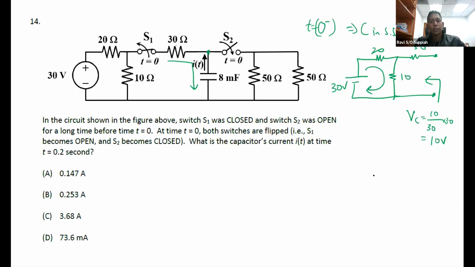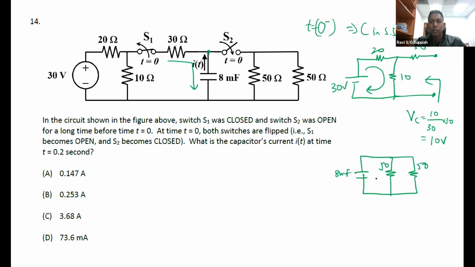Okay, at t equals 0 plus, when I open this and I close this, what happens? What you see is the capacitor connected to 50 ohm and 50 ohm. This is a capacitor.